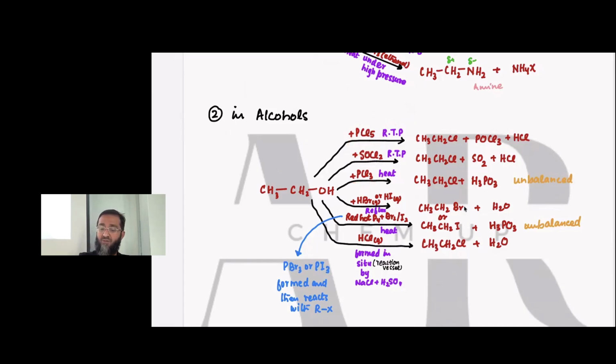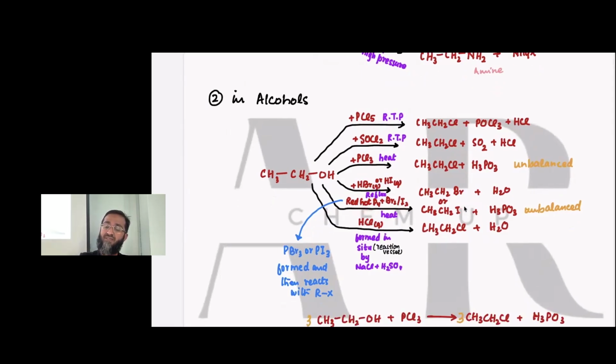So what we do is use red hot phosphorus with the bromine, or red hot phosphorus with the iodine. In the reaction vessel they react in real time forming PBr3 or PI3, and then that will undergo the same reaction. Over here you will use PBr3 or PI3 in this equation, and H3PO3 is formed. And then over here we are using hydrogen bromide gas or hydrogen iodide gas.